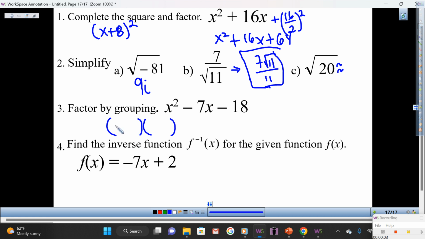Valente, go. All right. What is it? Let me help you out. Negative 18, negative 7. What two numbers multiplied to give me 18 that when you add or subtract gives us negative 7?